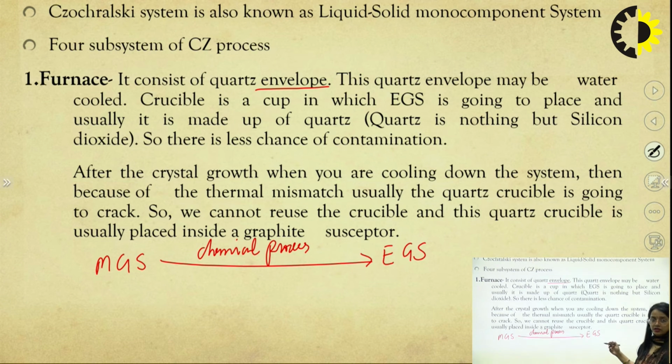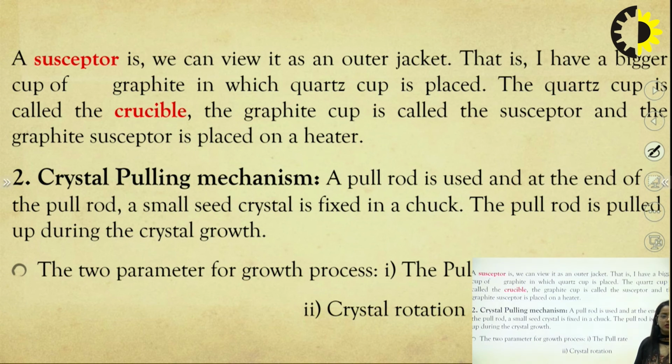After the silicon growth, when we are cooling down the system, because of the thermal mismatch, usually the quartz crucible cracks, so we cannot reuse it. Now, we have to study the crystal pulling mechanism.